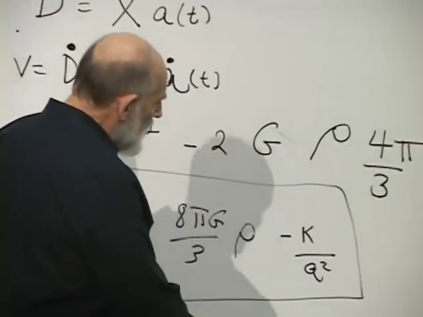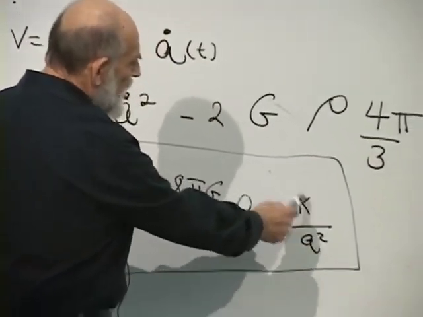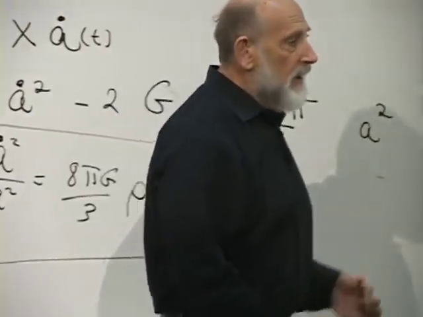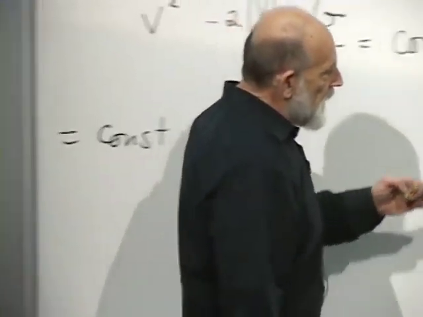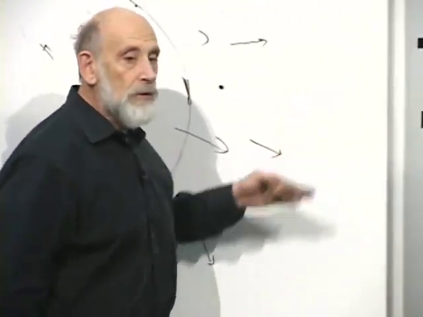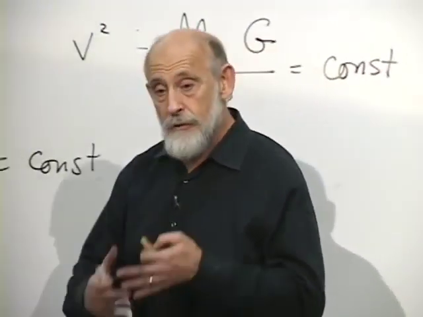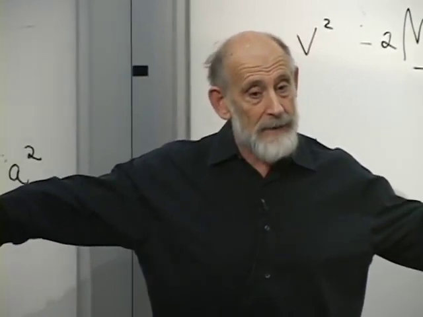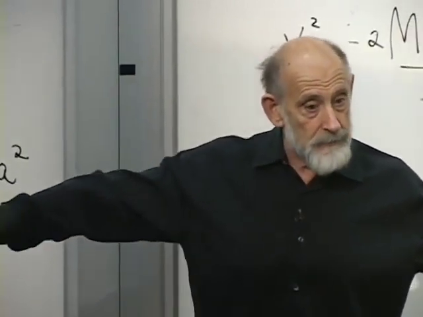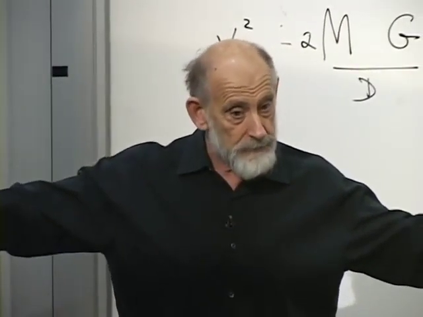Well, if minus k is positive, it means it's like the situation where the particle is receding with greater than the escape velocity. In that case, the universe just continues to expand forever and ever, doesn't slow down.